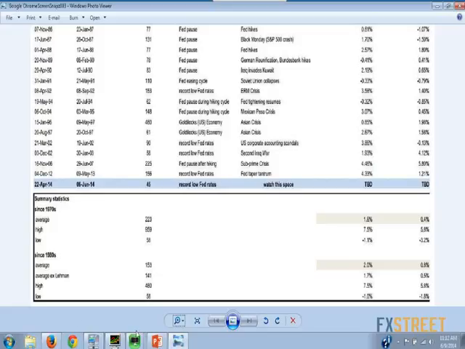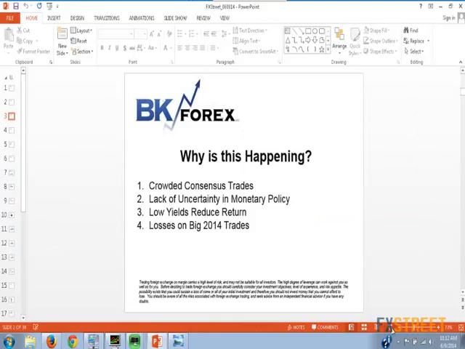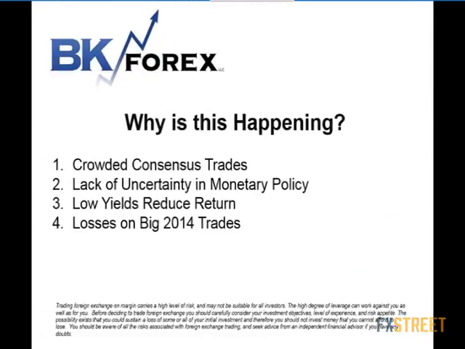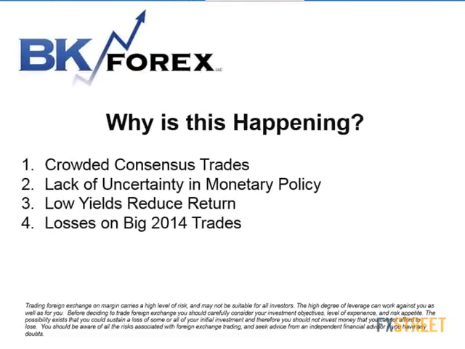So this leads to the question about, why is this happening? Why are we in an environment where volatility has declined so much when we are getting things like the ECB implementing unprecedented measures in terms of monetary policy?